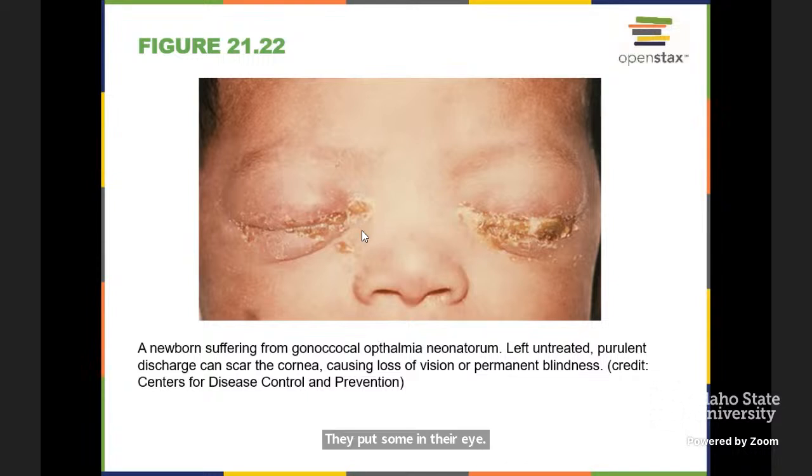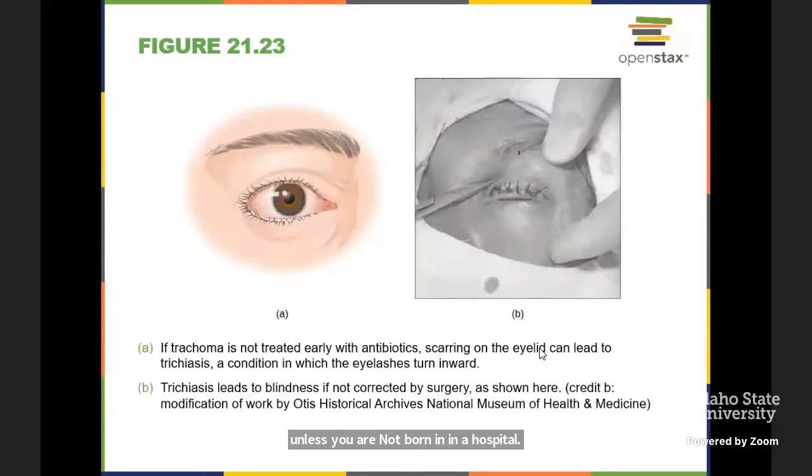It's more than just gonorrhea, but this is definitely a main one, all right? So if it's not dealt with, blindness truly can result. So everyone is treated. Even if mother claims to have a clean bill of health, they still treat, all right? Unless you are not born in a hospital, you will be treated this way, all right? Crazy.